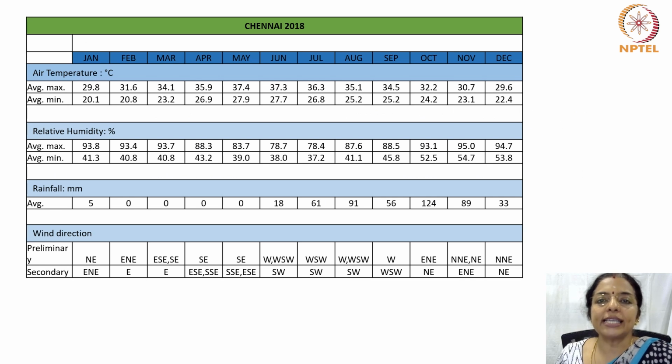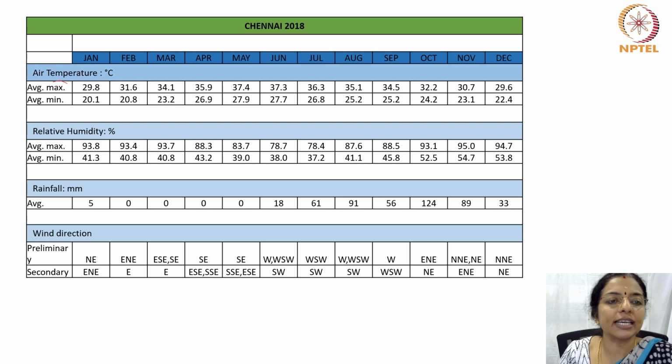For this demonstration, we will be using the climate data for Chennai city, which is the state capital of Tamil Nadu in India. It has a warm and humid climate, and the climate parameters required for Mahoney's tables are monthly average minimum and maximum air temperature.